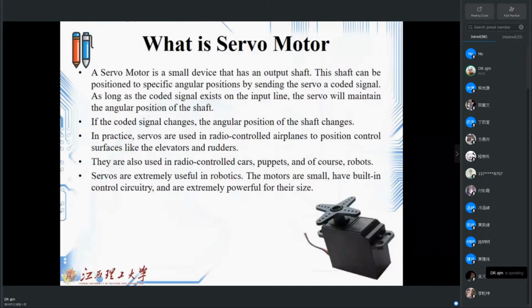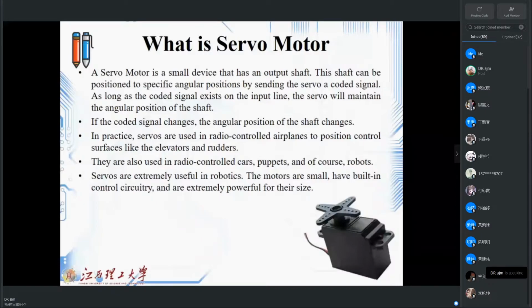As long as the coded signal exists on the input line, the servo will maintain the angular position of the shaft. If the coded signal changes, the angular position of the shaft will change.